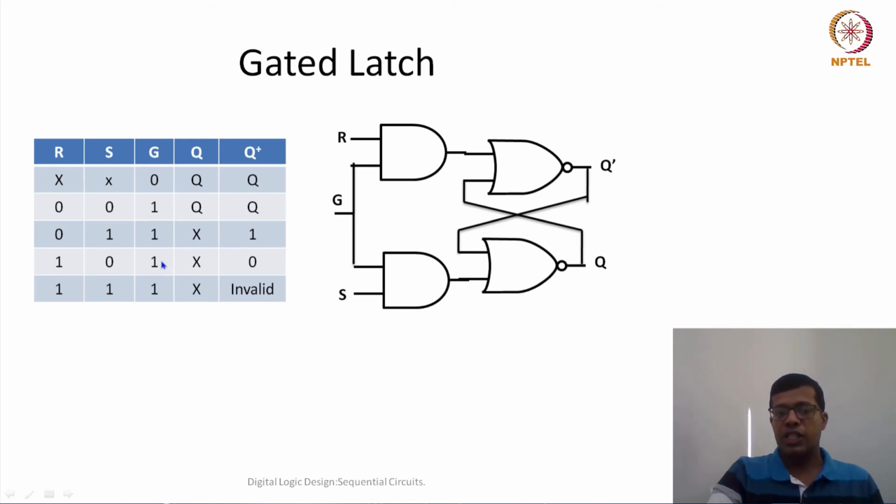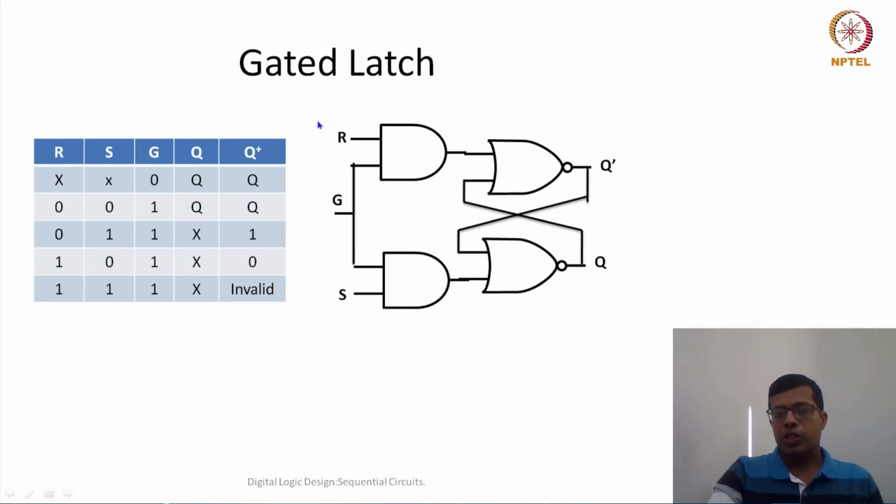Similarly, if G is 1, reset is 1 and set is 0, then the output is going to be 0 irrespective of the previous output. 1 1 is still an invalid combination here. You can notice that 1 1 could be a possible combination if G is 0, but if G is 1, then it's an invalid combination. Usually the design should be such that R and S should never be 1 1. Although it is possible here because it's a don't care condition, for better circuit design it should never be 1 1.